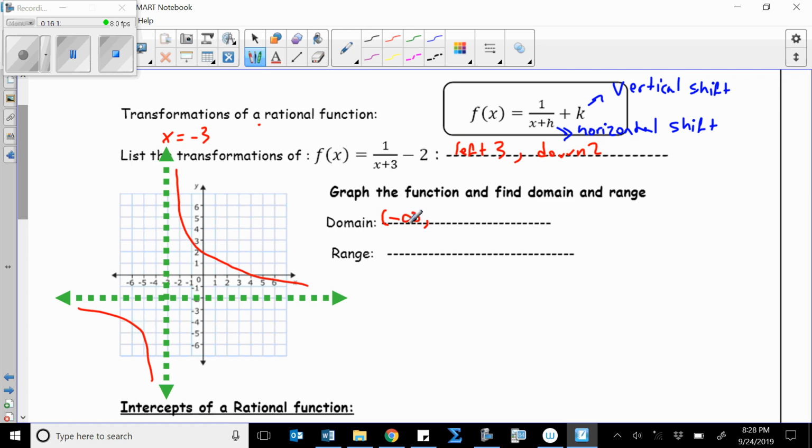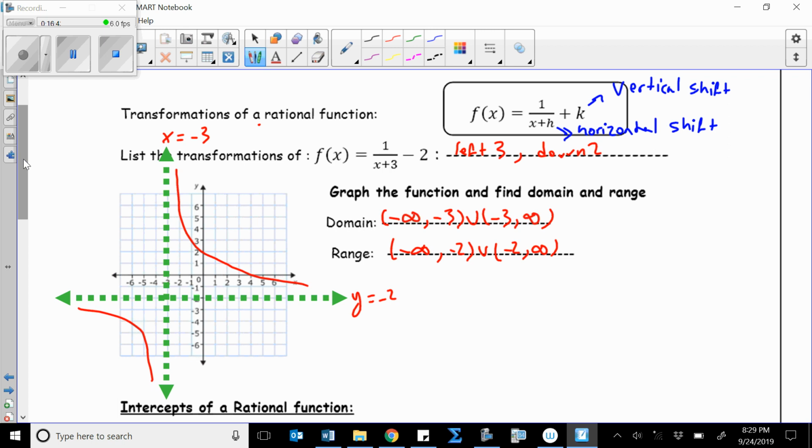So we're going to write negative infinity to negative 3 and negative 3 to infinity. And the horizontal asymptote is y equal to negative 2. It was 0, but now because we moved down 2, it's at y equal to negative 2. So the range of this function is negative infinity to negative 2 and negative 2 to infinity.